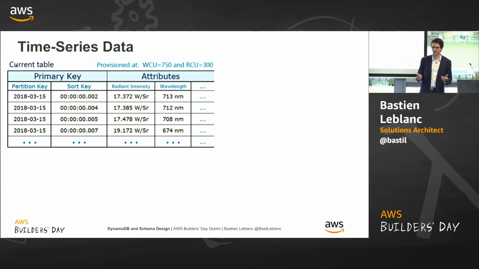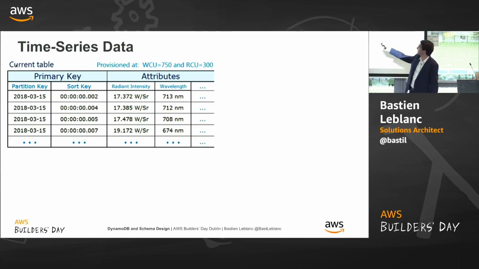So the classical example of time series is that every x seconds or milliseconds you store attributes. It makes sense to store this with the date as partition key, the timestamp as sort key, and all the attributes later on.